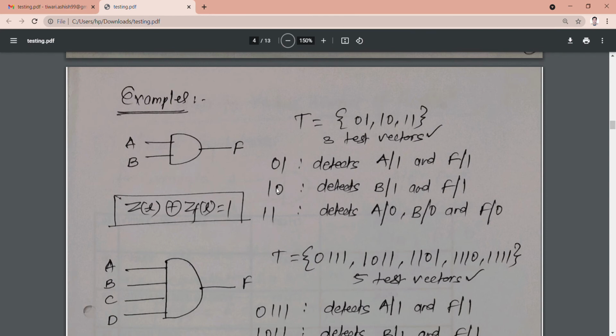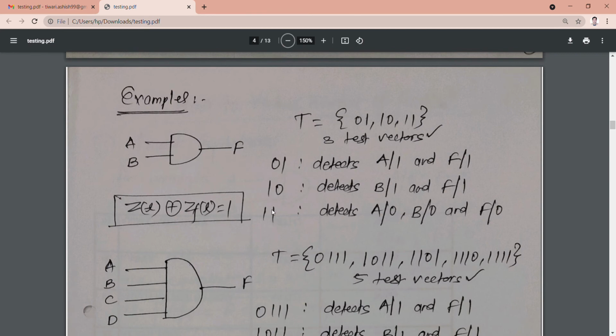Similarly, you can apply the test pattern 1 0 here. It is 1 and 0, then also the output will be 0. So where can we detect the fault now? We can detect stuck at 1 at B, and similarly F stuck at 1.